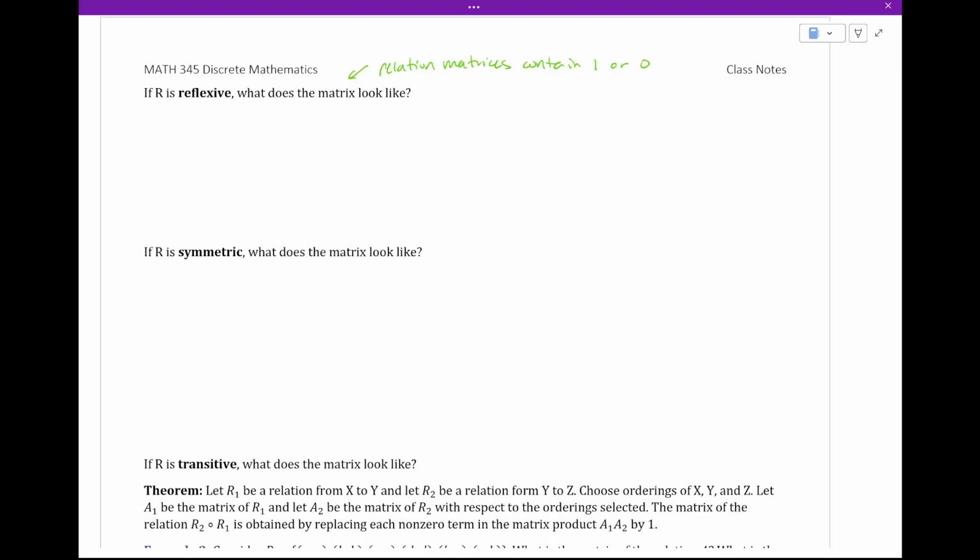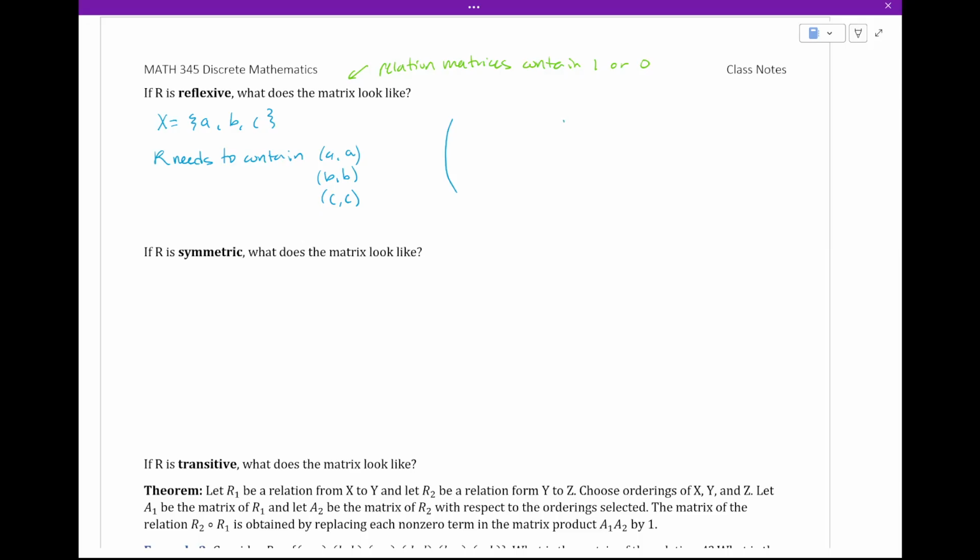So for a reflexive matrix, let's say that X is A, B, and C. In order to be reflexive, R needs to contain all the loops: AA, BB, and CC. It can contain other stuff too, but it needs to have those 3 elements.